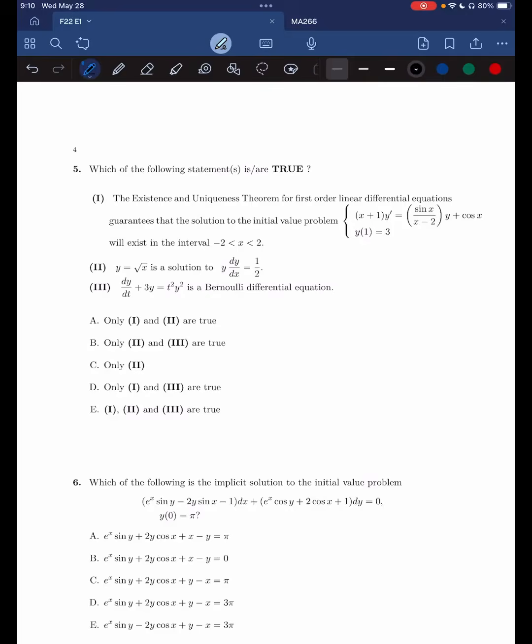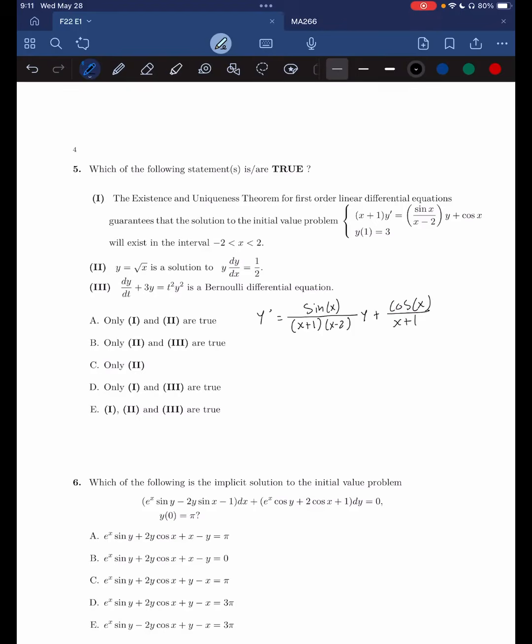Once again, we want y prime by itself. So we're going to divide the x plus 1 over. So this becomes like, sine x on top times y plus cosine x all over x plus 1.